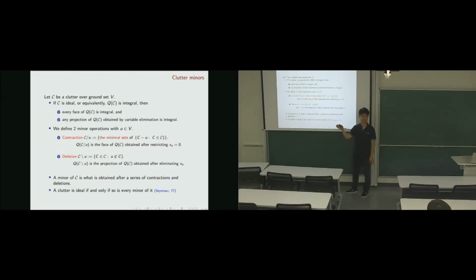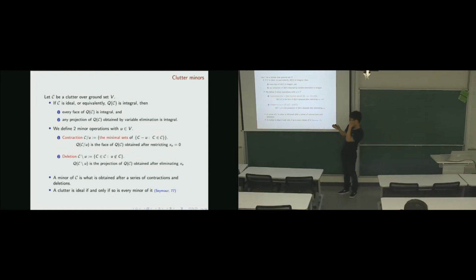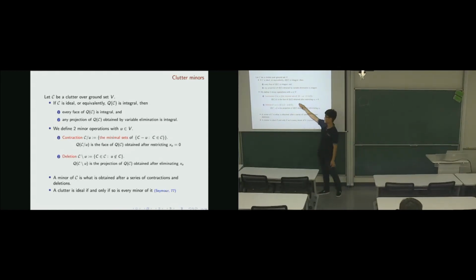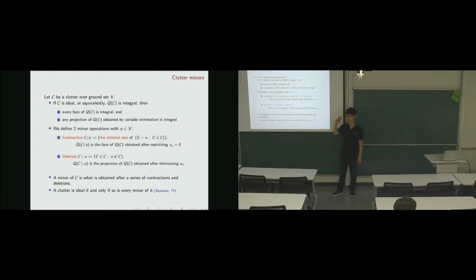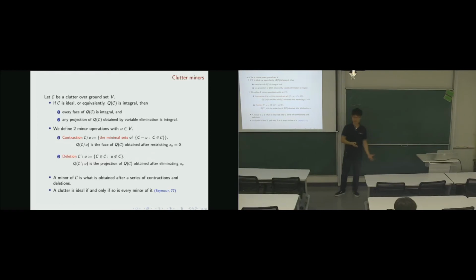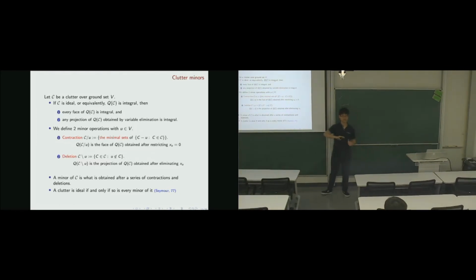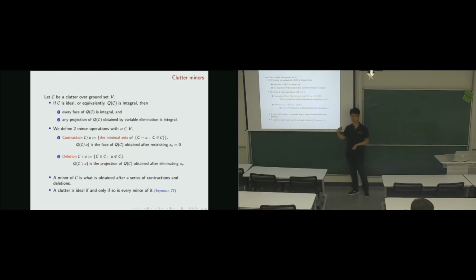The main takeaway is that these two minor operations preserve idealness, or integrality. So if a clutter is ideal, then all its minors are ideal, which means that if you find some minor that's non-ideal, the original clutter is non-ideal.